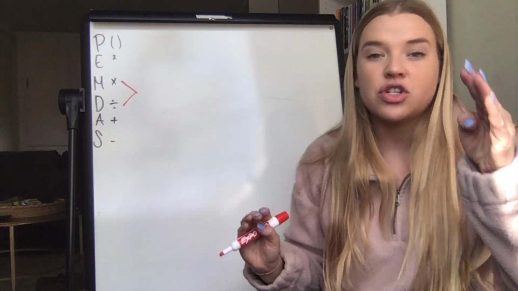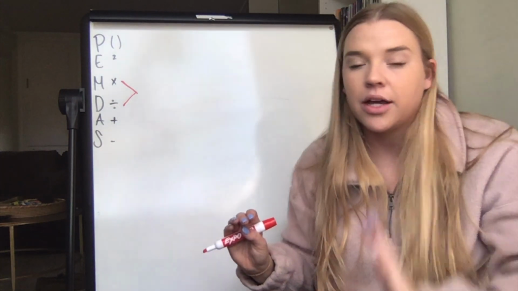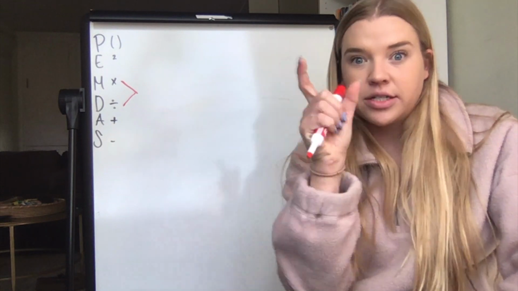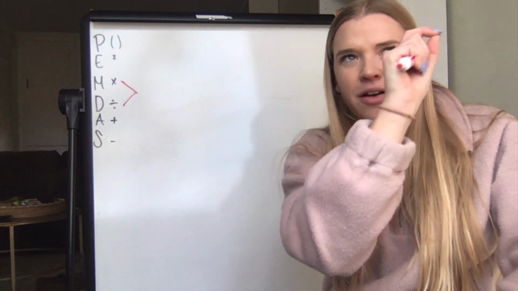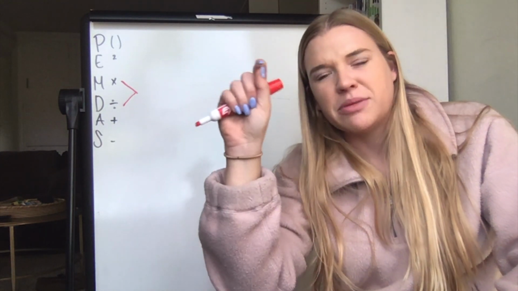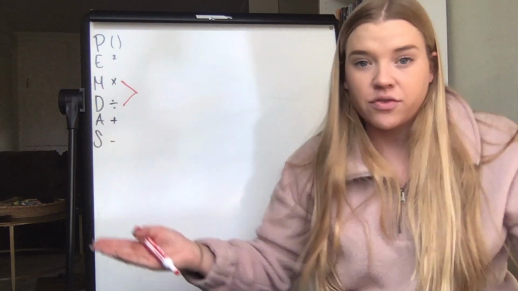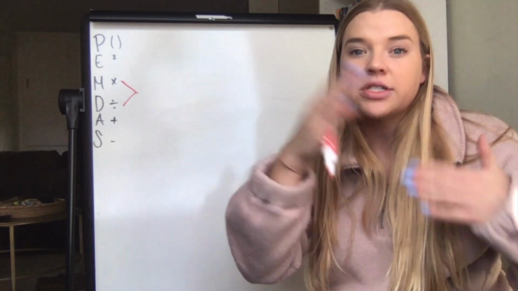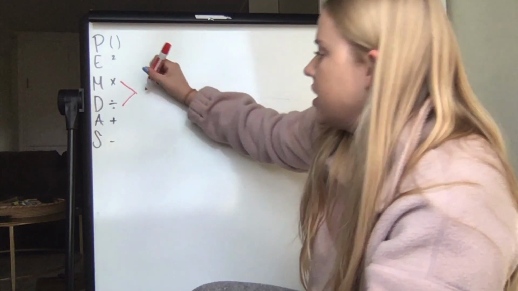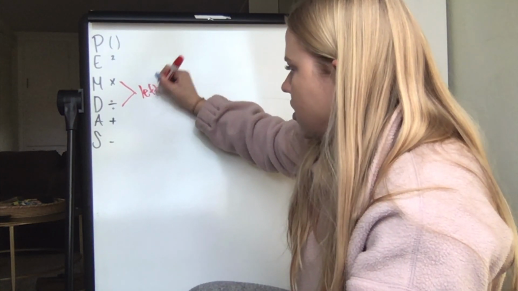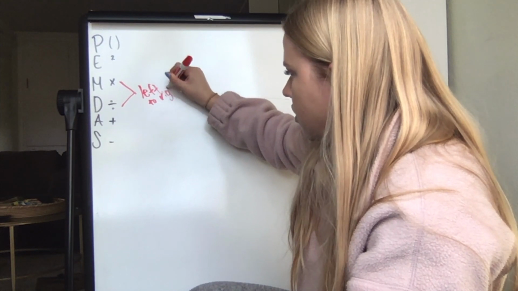So if there's a division symbol and a multiplication symbol in a single problem, I would solve whichever one came first. So if division comes first, I solve division first. If multiplication comes first, I would solve multiplication first. So these I solve left to right.